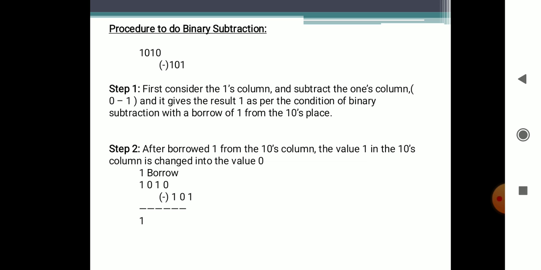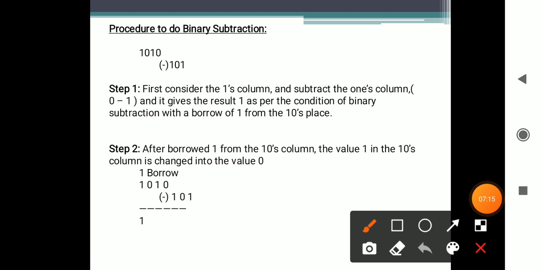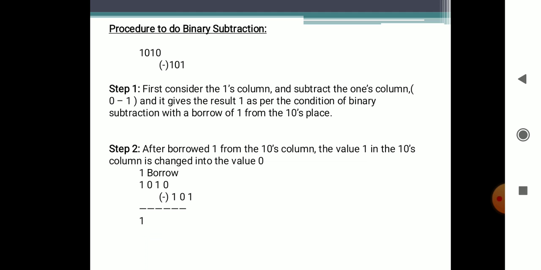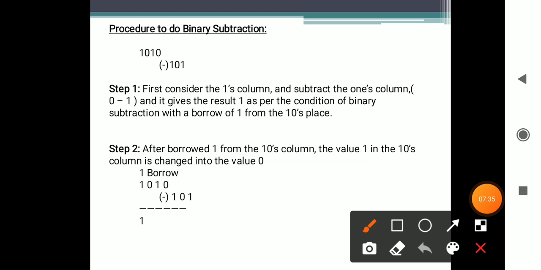So after borrowing 1 from the tens column, the value of 1 in the tens column is changed into value 0. So here first 0 minus 1 gives the result as 1, and we borrow 1 from the next higher order digit.